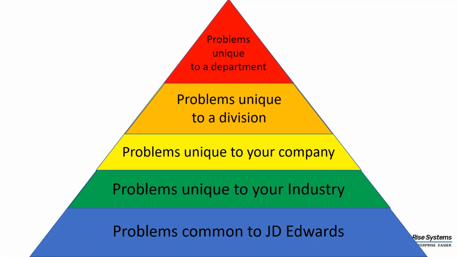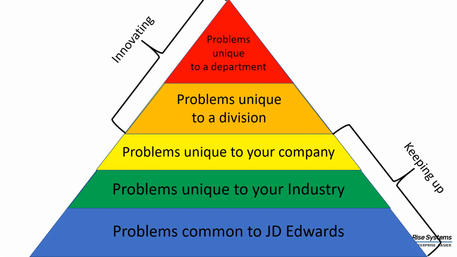And we talk about the base of this triangle is just keeping up with competition. And then the top part is where we're innovating, where we're solving problems in a really unique way.